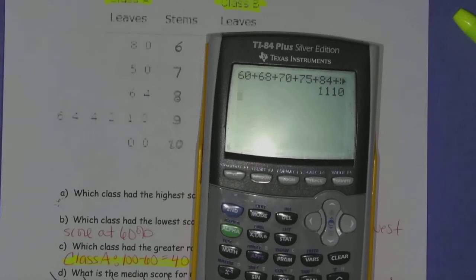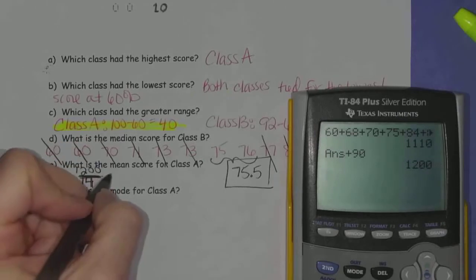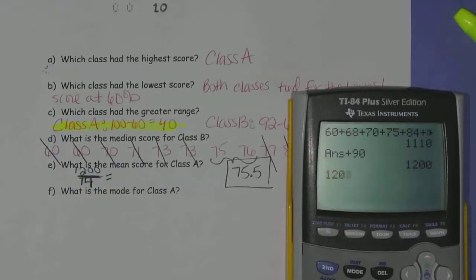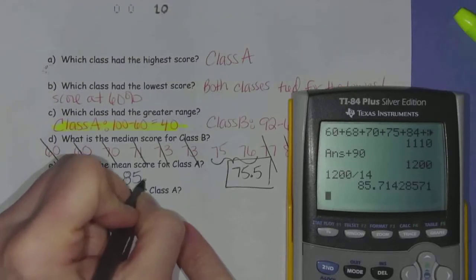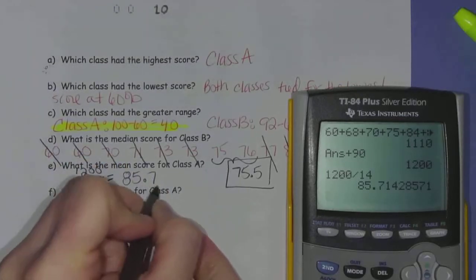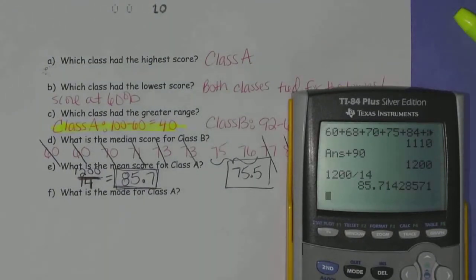Oh, I think I only did 10 there. Let me add an extra 90. 1,200. So if I take 1,200 divided by 14, I get 85.7%. So that's going to be my mean for Class A.